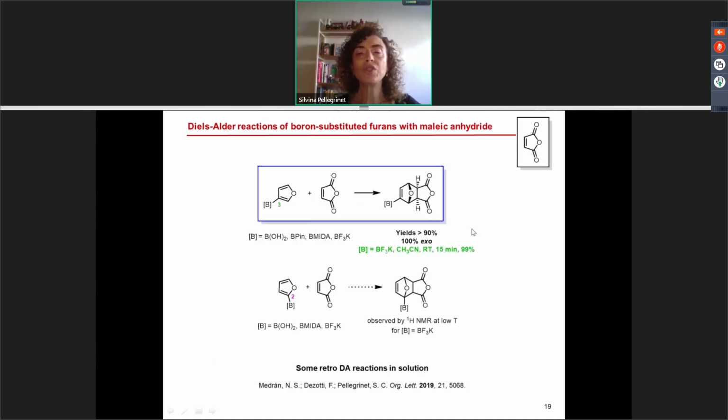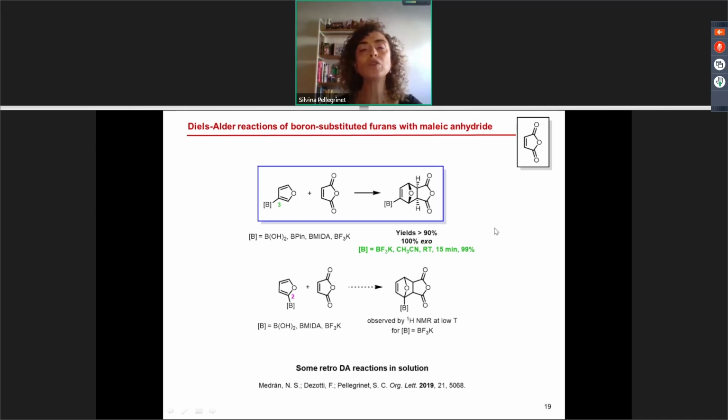And we were very glad to see that when we first tried our first reactions with maleic anhydride as the dienophile, the reactions worked very nicely when boron was at carbon 3. For all these analogs, we got the exo cycloadduct exclusively with yields above 90%, and especially for the potassium trifluoroborate, we got 99% yield after 5 minutes at room temperature in acetonitrile.